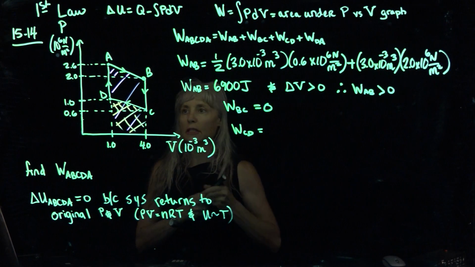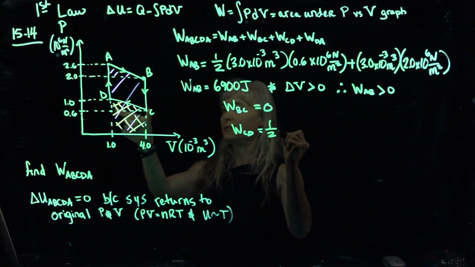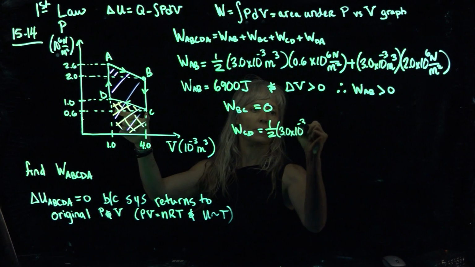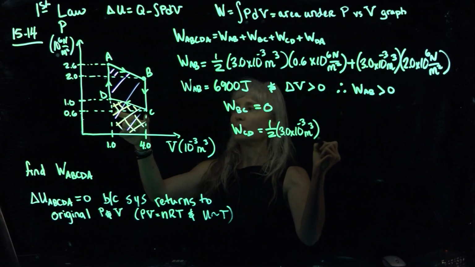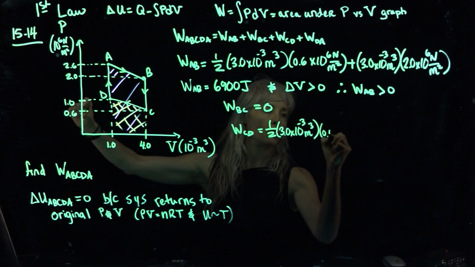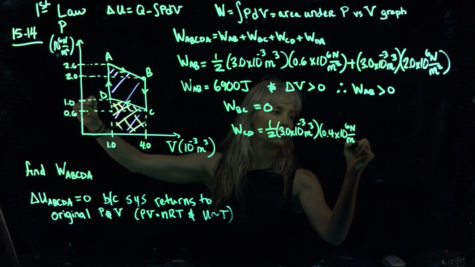So first of all, the little triangle. The little triangle is going to be 1/2 the base. The base is our 3.0 times 10 to the minus 3 cubic meters times the height, and the height is going to be 0.4 times 10 to the 6th newtons per meter squared.